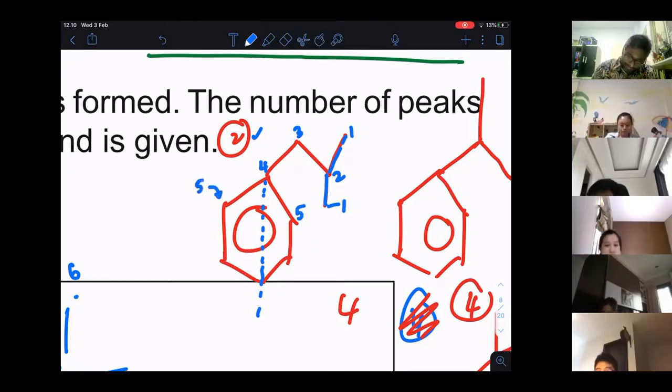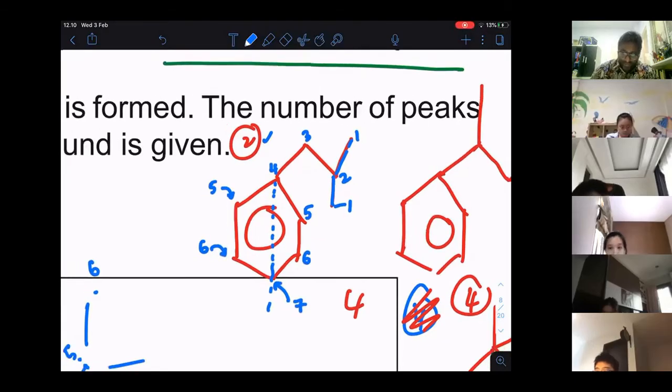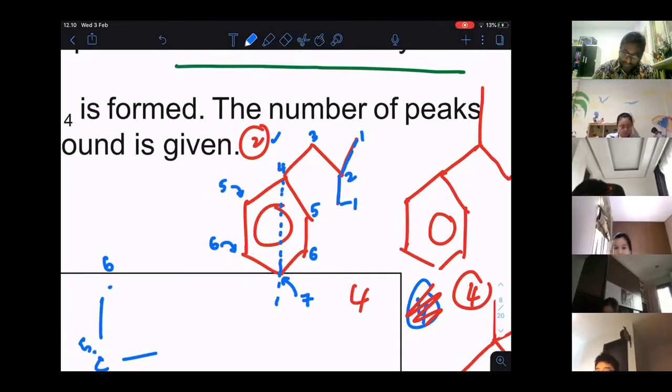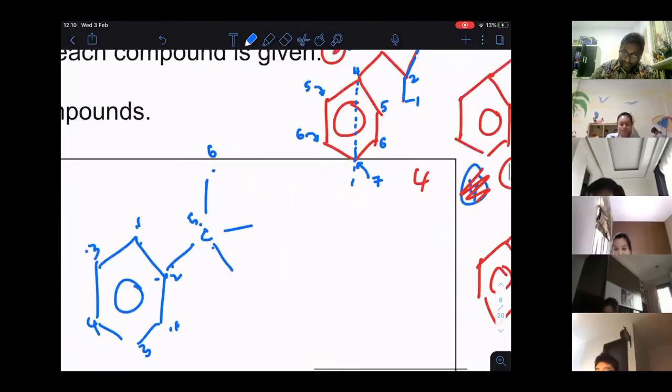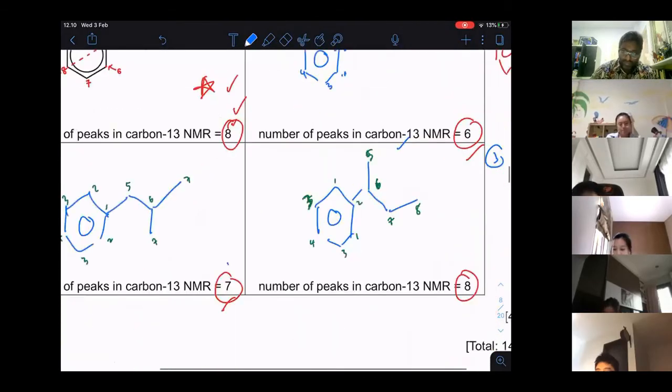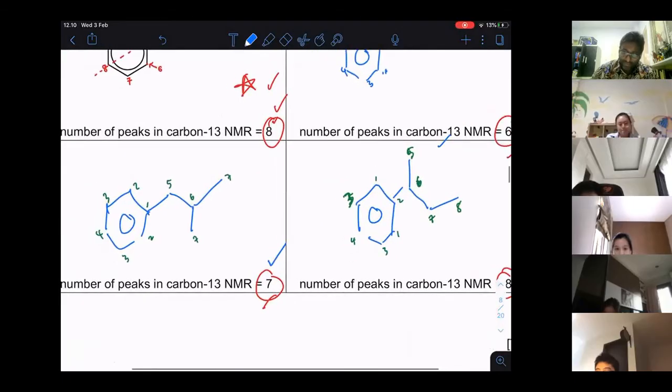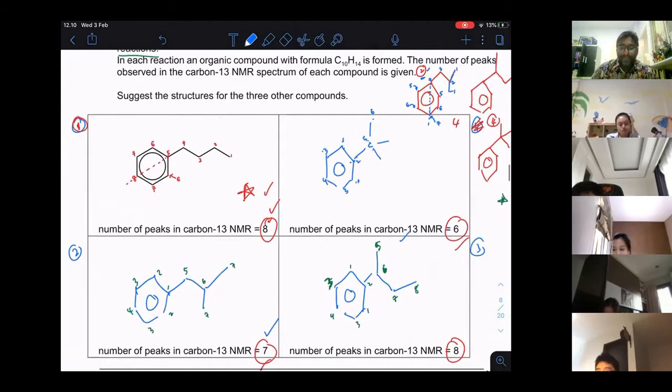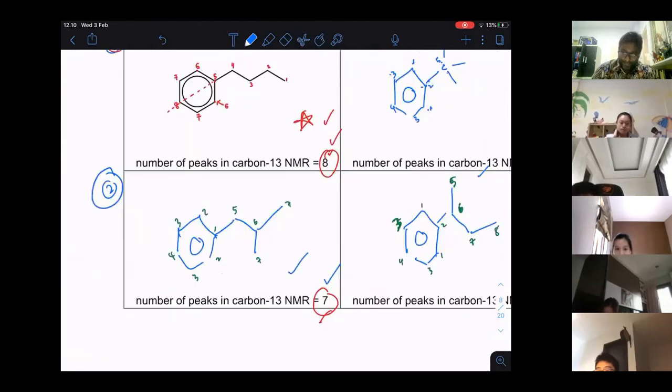If this is 6, this is also 6, and this is going to be 7. So 7 carbon environments. So if I look at number 2, that is going to be the answer, 7 carbon environments. So I draw this. Okay, this is done.